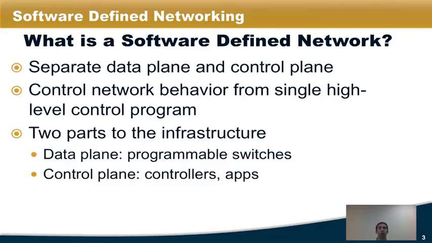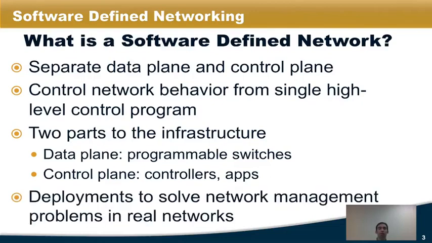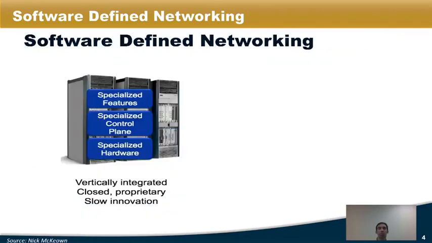There are typically two parts to SDN infrastructure: the data plane, that is programmable switches, and the control plane, that is the controllers and the applications that control how the data plane forwards traffic. Deployments of software-defined networking are often used to solve a variety of network management problems in real networks, and we'll talk about a lot of examples throughout the course.